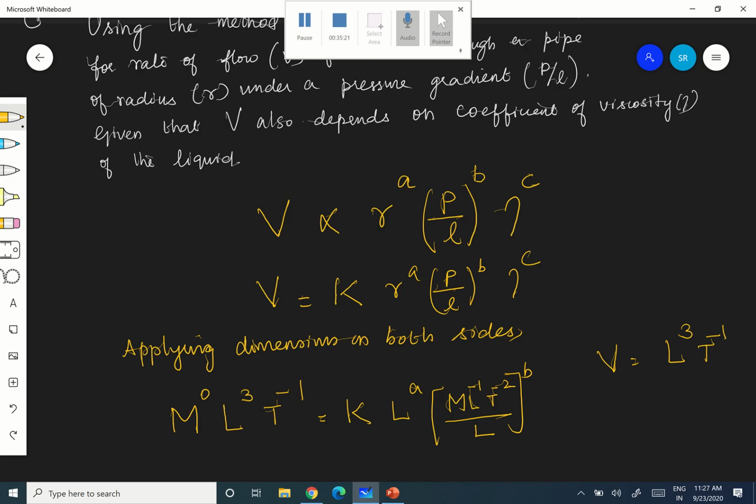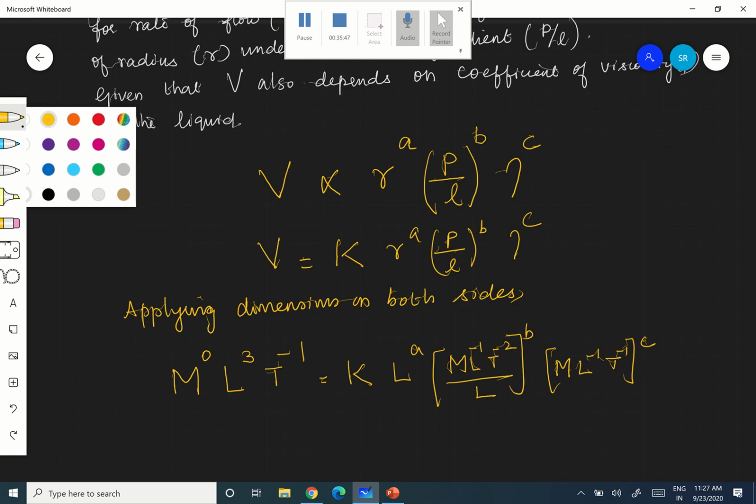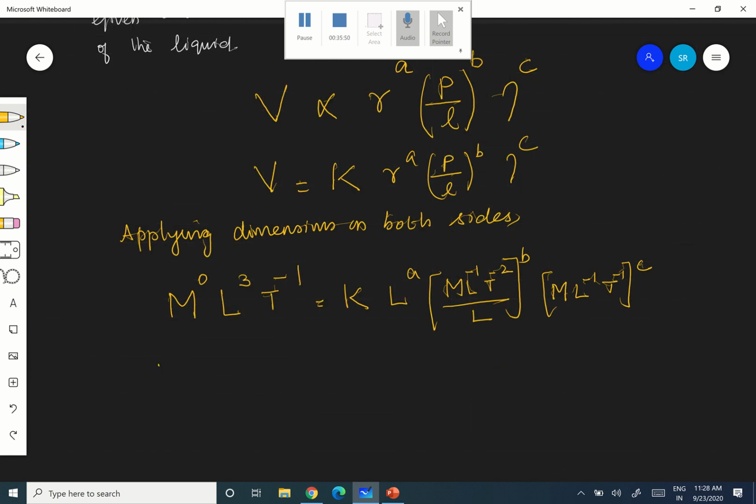And eta, already I have given you, the dimension for eta is M L power minus 1 T power minus 1, the whole power c. Are you following? Is it clear? Therefore M power 0, L cube, T power minus 1 is equal to k.